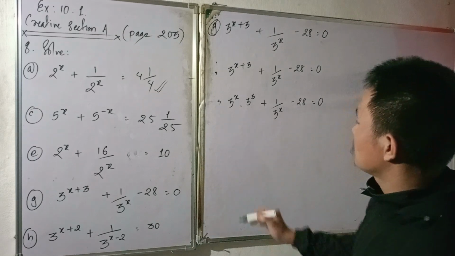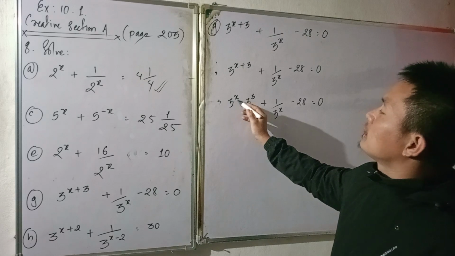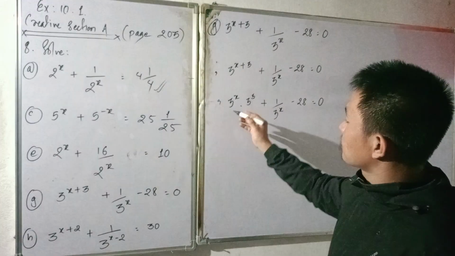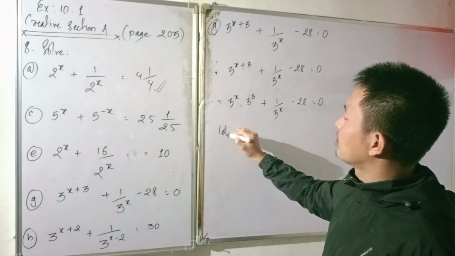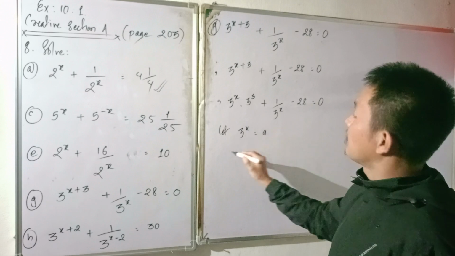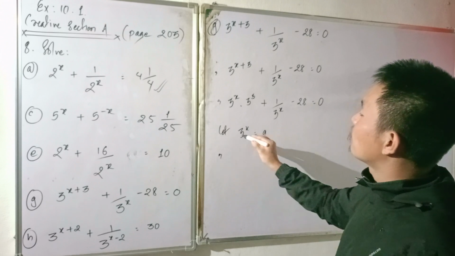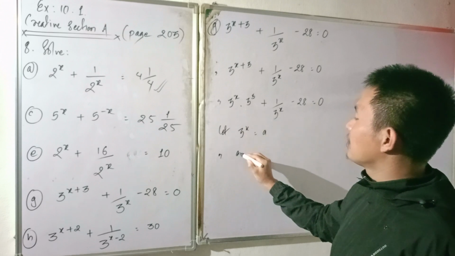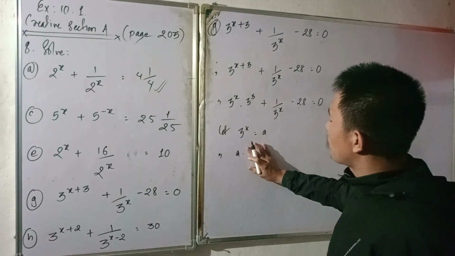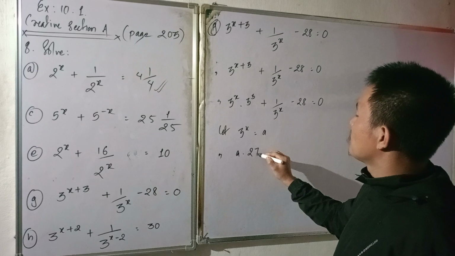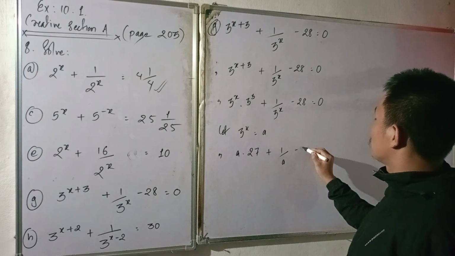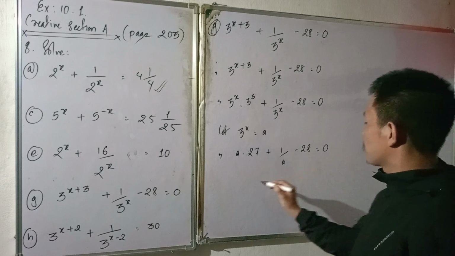Now what you do is try to replace 3 power x by some variable. Let 3 power x be a, then just replace the value of 3 power x by a, just like we did in the previous one. Now 3 power 3 can be written as 27, plus 1 by a, minus 28 is equal to 0.